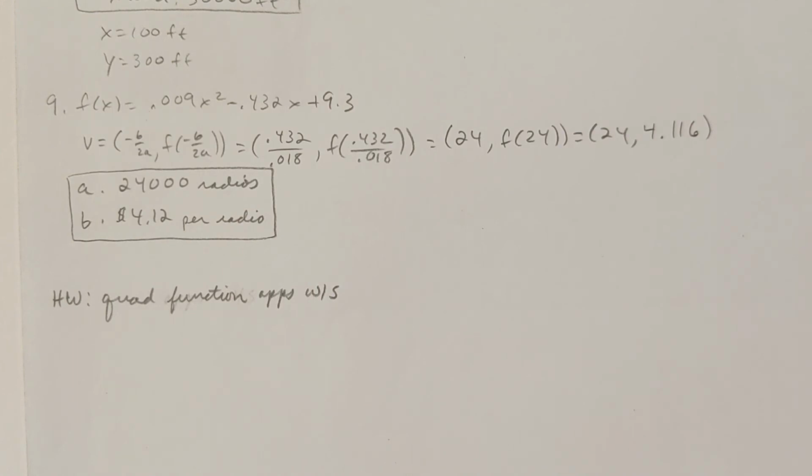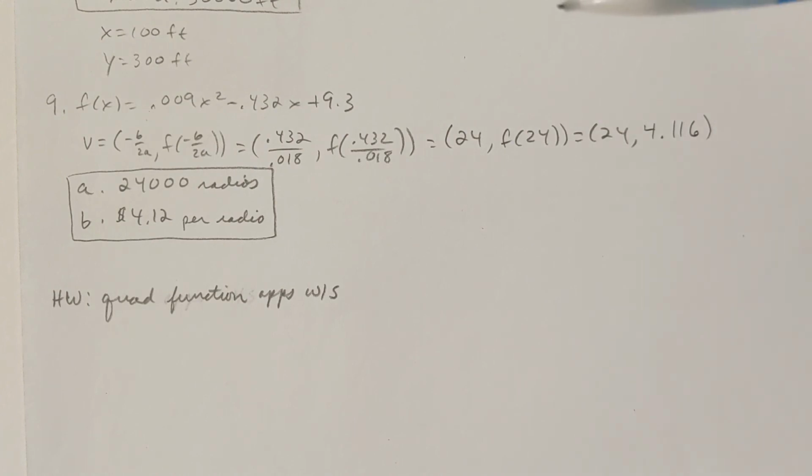If they make too many, then the cost is being put into the radios, and they're not selling enough. And if they're making too few, well, they could be selling more.